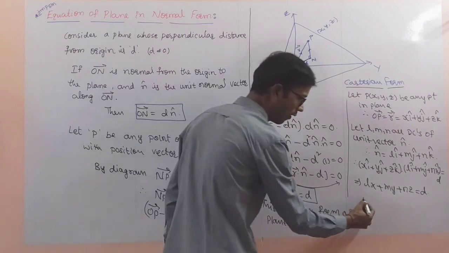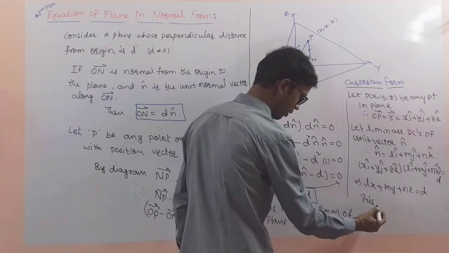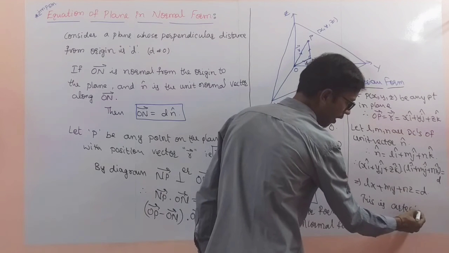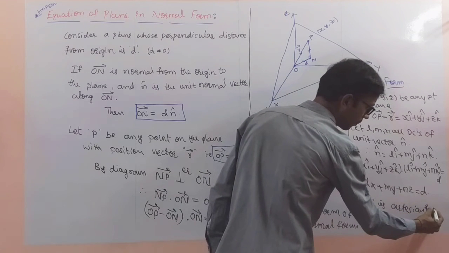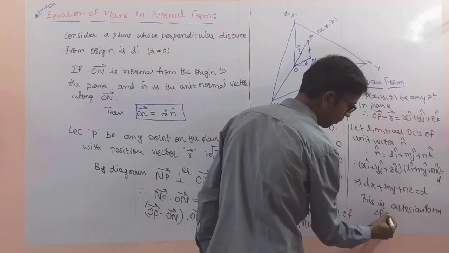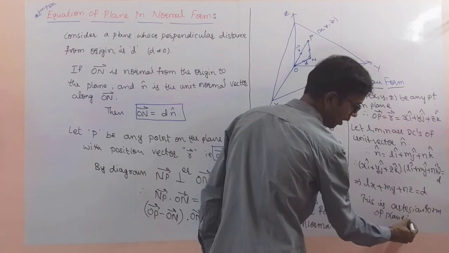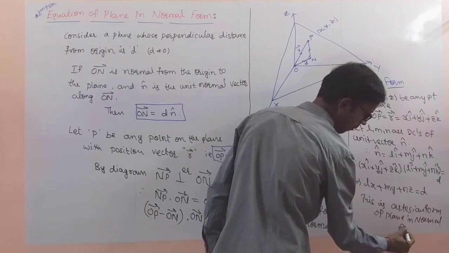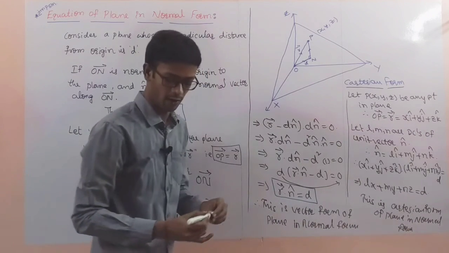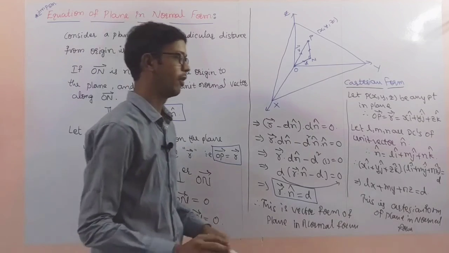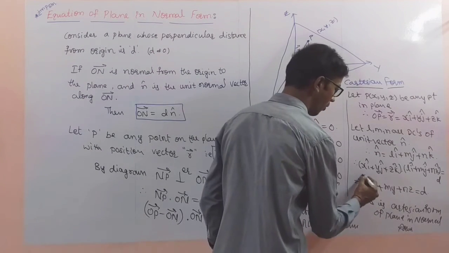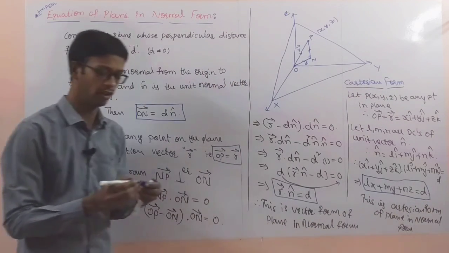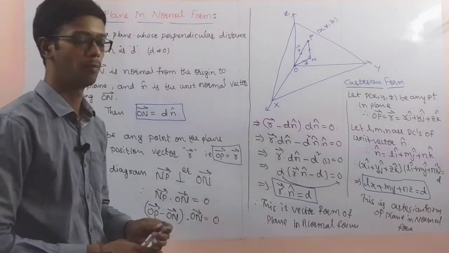This is the Cartesian form of a plane equation in normal form: lx plus my plus nz equals d. This is a 5 marks very important question.